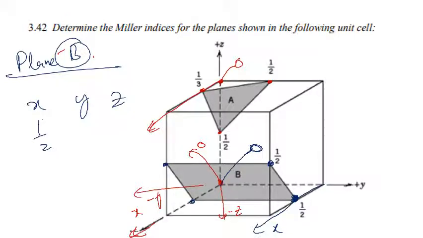For the y-axis, you notice that this is the y-axis, and this plane is parallel to the y-axis. So it does not cut the y-axis, so I will write infinity. And for the z-axis, you notice it cuts the z-axis at this point.